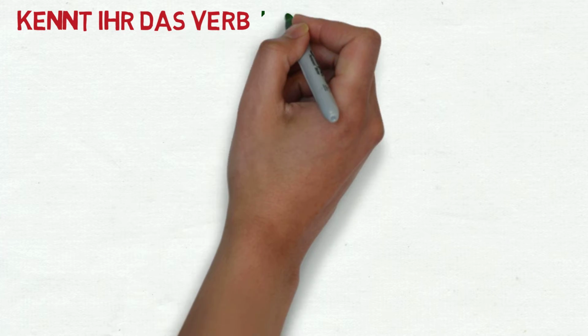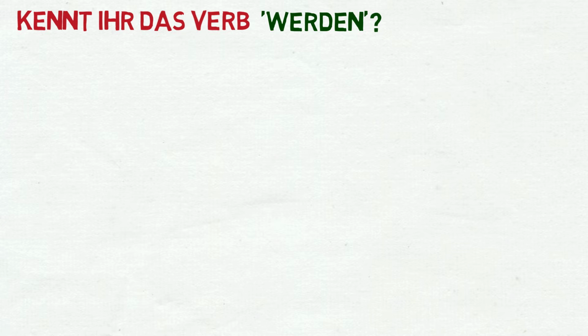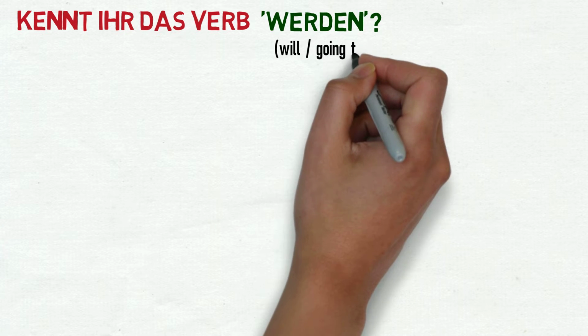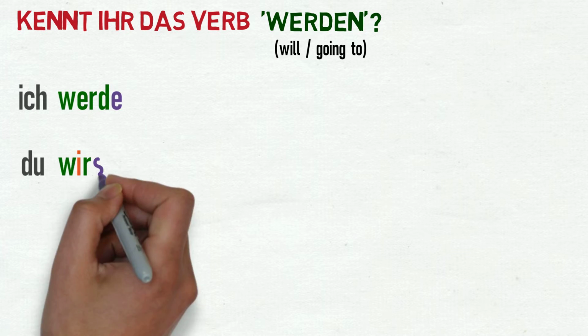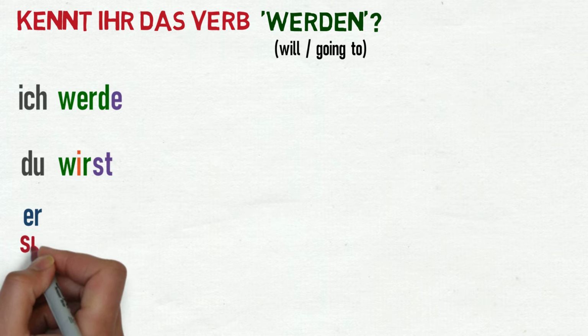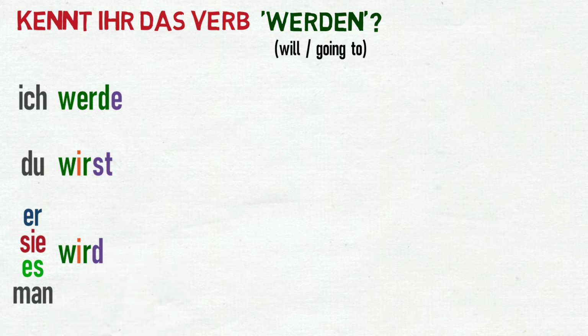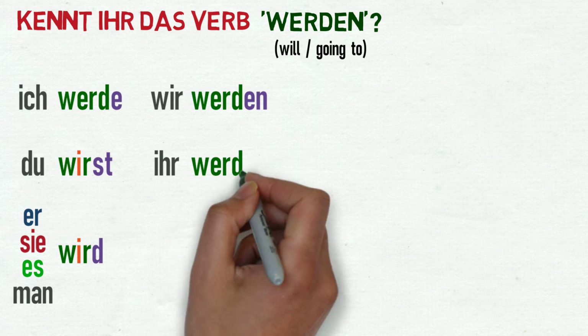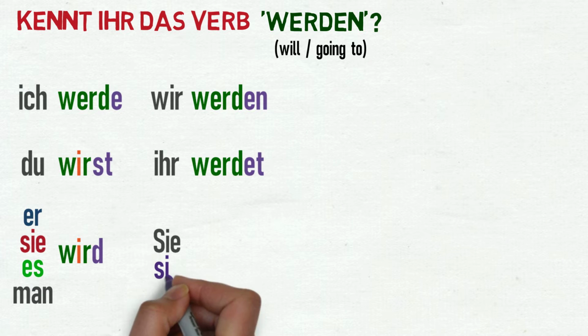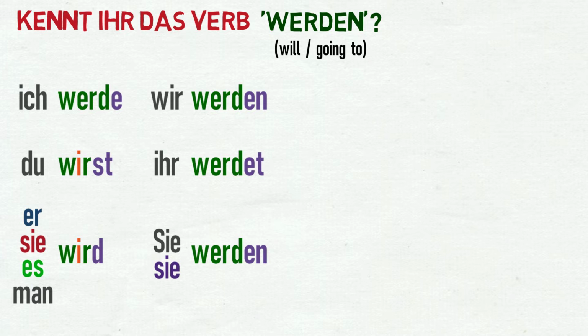In order to produce this tense in German, it's important that you remember the forms of werden, the auxiliary verb that we use to mean will or going to. These forms are ich werde, du wirst, sie, es, man wird, wir werden, ihr werdet, and sie und Sie werden.